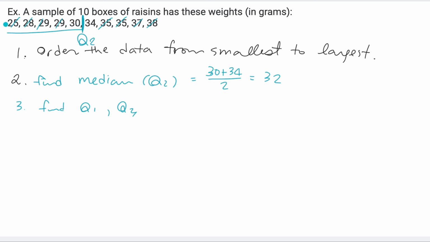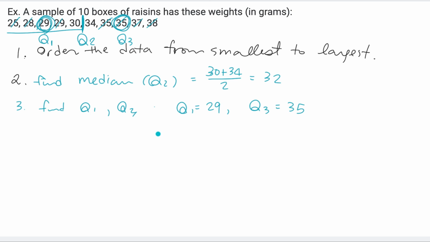What is the median in this lower part? We see that 29 is in the middle. So that is the median, and that is then Q1, the 25th percentile. How about Q3? You're going to look at the upper half. What is the median in the upper half? 35 is, right? So that is Q3. So we found Q1 as 29 and Q3 as 35.